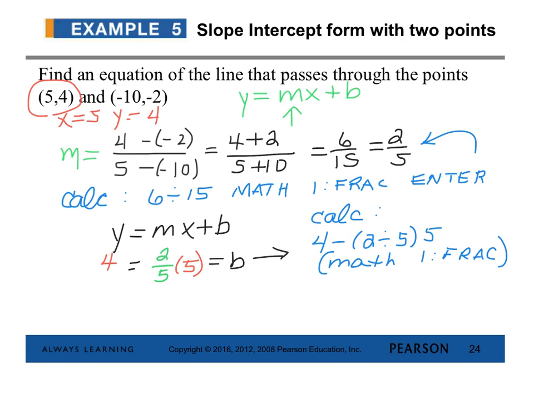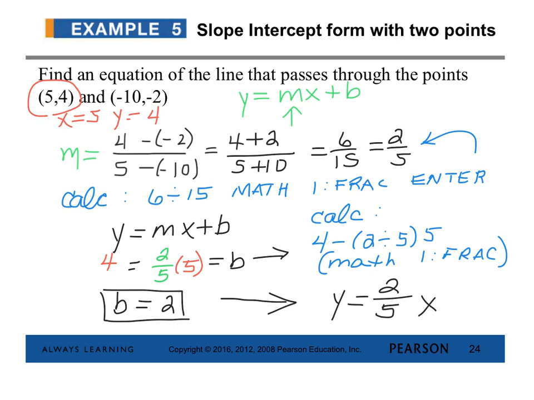Basically, you're going to wind up with 4 minus 2, and so b is going to be 2. So do the calculator or do the arithmetic, whichever you wish. And that gives us our final answer that we're looking for. y equals 2/5 x plus 2.